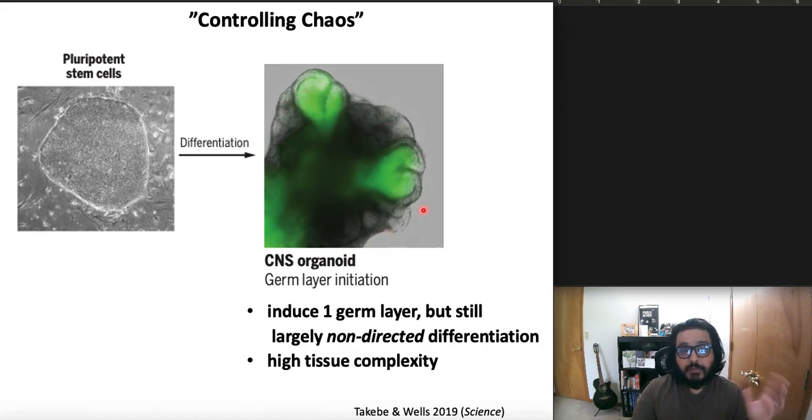And so you get lots of different cell types in here. But because it's so complex, it's really hard to study specific things in this organoid. And it looks pretty cool, but it's really hard to actually do anything with this other than just see it develop. Okay? But this is the example of what would be the most complex controlled organoid you get.